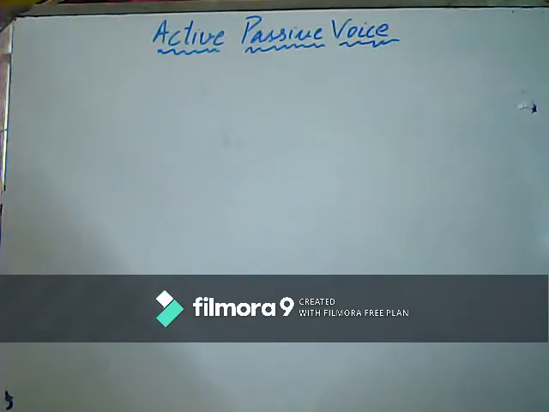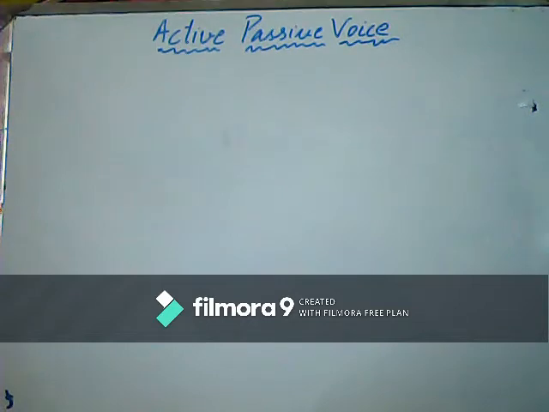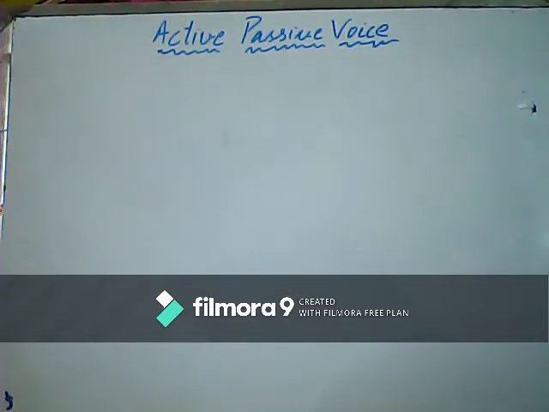And let me tell you what is basically the use of active and passive voice. Passive voice is used when we don't want the doer of anything to be highlighted.